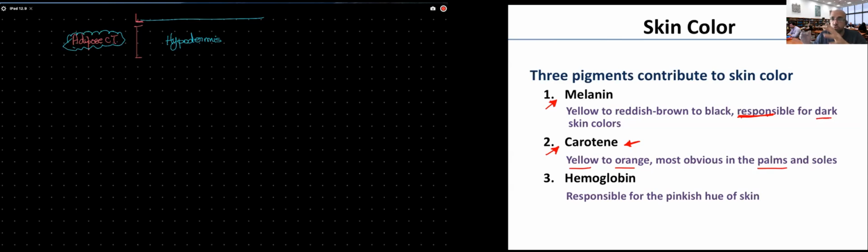So I decided to do the same, and I grabbed lots of carrots and I kept eating them all day long. I ended up having a stomach ache, and I didn't have any change in my skin color or hair color, right? So this story is just to remind you that carotene is one of the three major pigments that will be contributing to skin color.